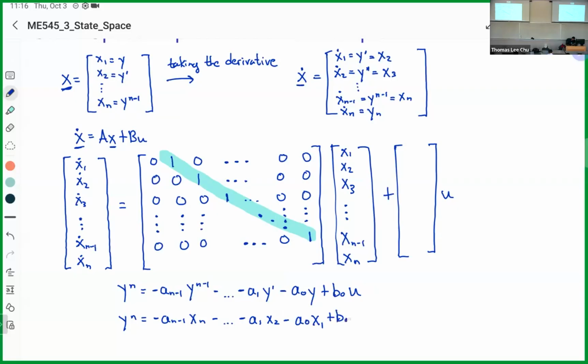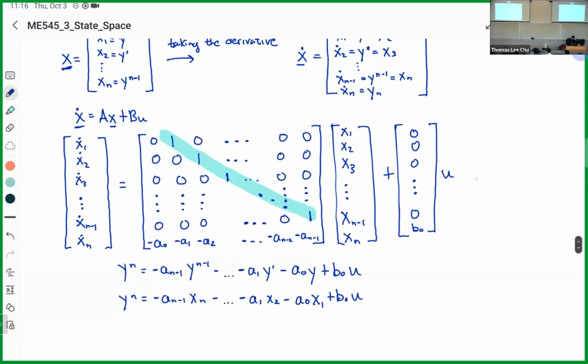So basically what I just did was replace the y's with my definitions of my state variables. When I fill in this table, it's going to be minus a0 for x1, minus a1, minus a2, all the way to minus an minus 2, minus an minus 1. And then in my B column, we don't have any inputs until here, which is b naught. Okay, and this is my state equation.